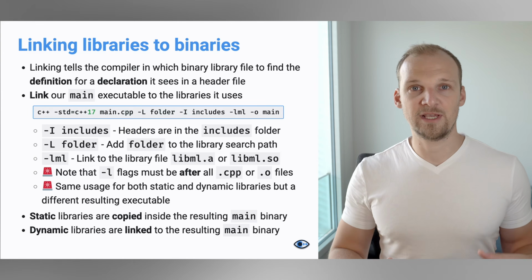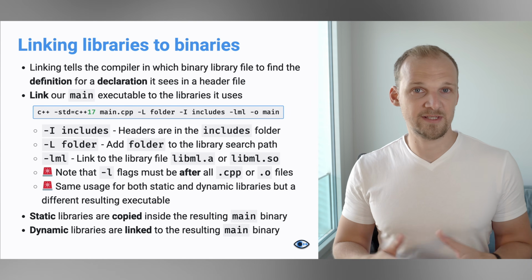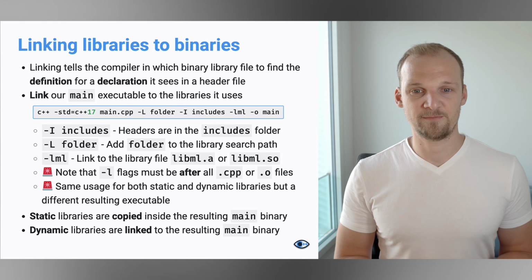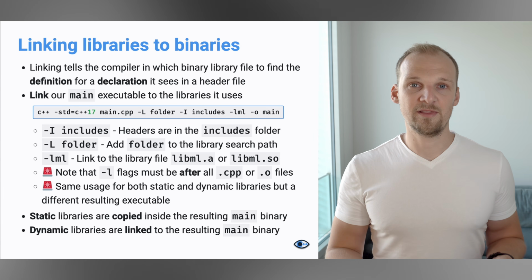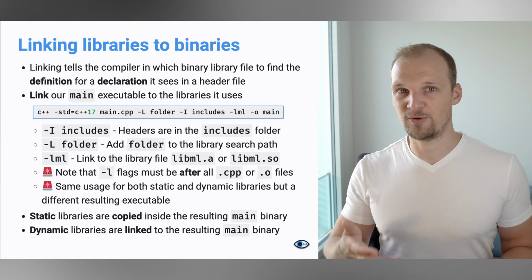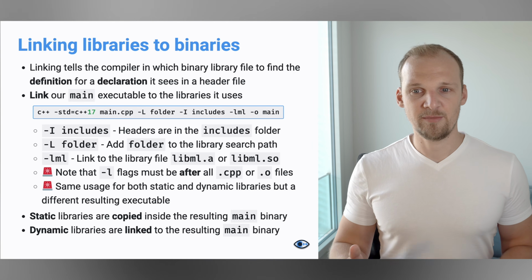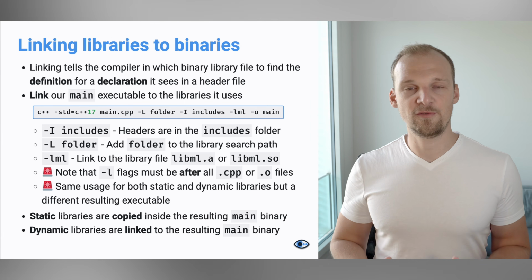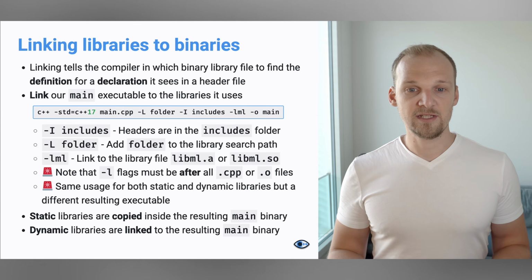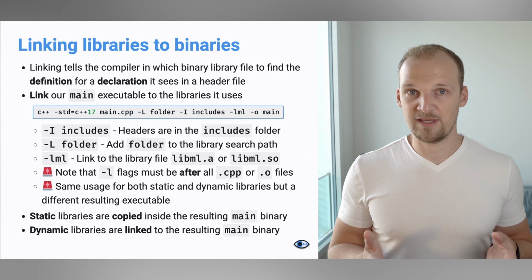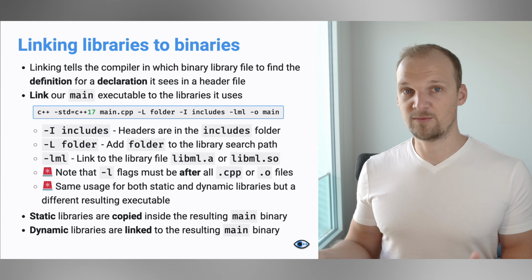The command that we use to link our executable to our libraries is the same for static and dynamic libraries. So here we actually compile the main CPP again, but if we wouldn't, we could also use the object file for it. But for now, we actually compile it. But then there is a bunch of new flags that we haven't seen before. And these flags are the -L capital and the -l small.